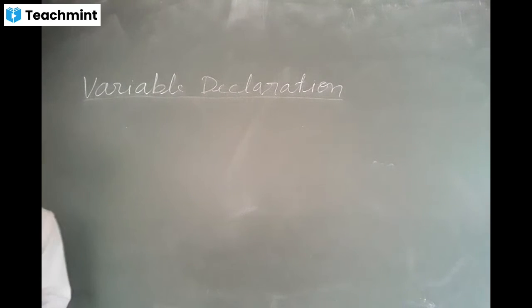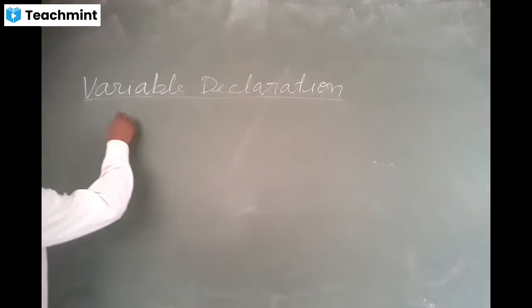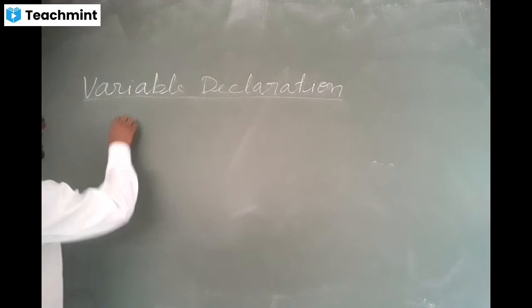So how do we declare a variable in a C program? To declare a variable, first we write the data type.